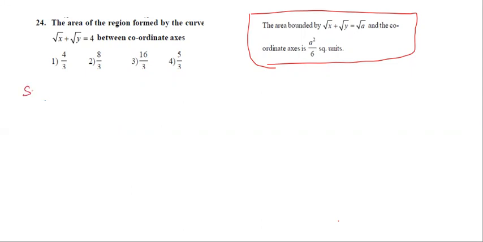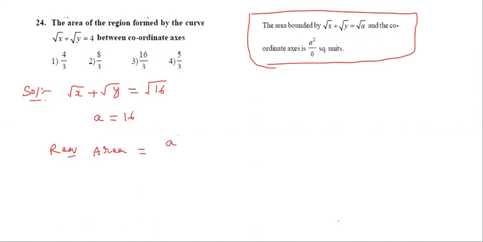But see the question, what they have given: root x plus root y is equal to 4. That we can write as root 16, root 16 value is 4 only. By comparing the formula and the question, what is the a value? 16.